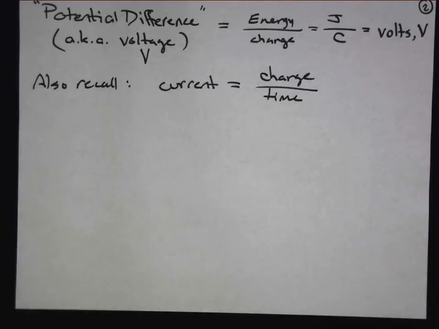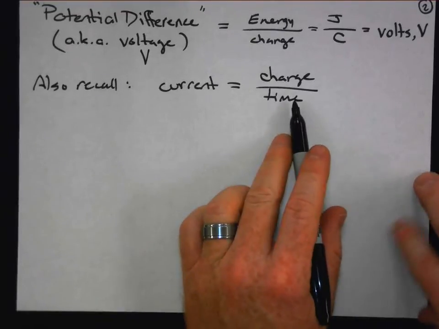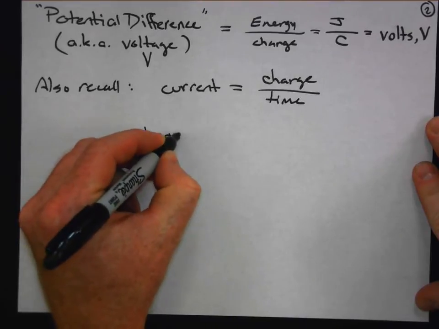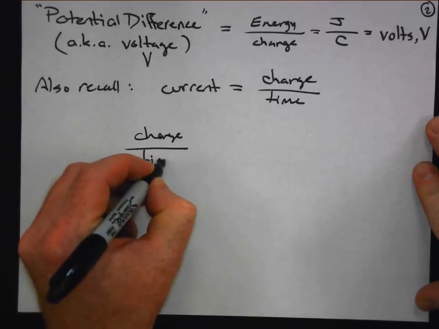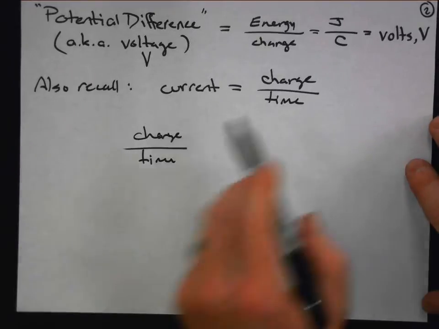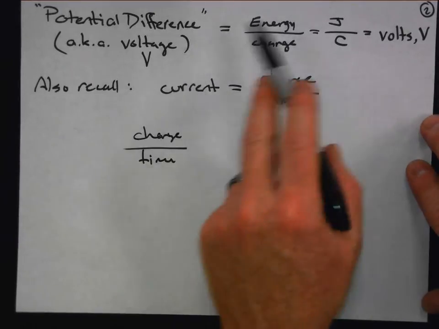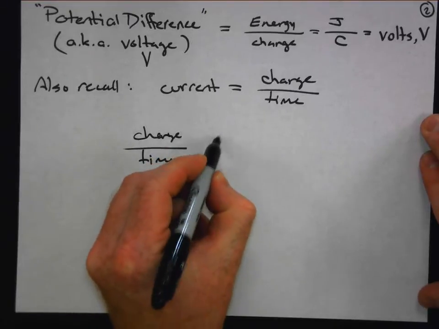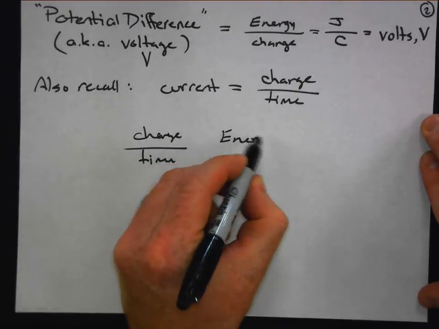Watch what we're going to be able to do. We're going to be able to take this expression for current in an electric circuit. We're going to say charge per unit time. And we're going to take this expression for voltage, energy per charge. And we're going to multiply and watch what happens. So we put it right next to each other.